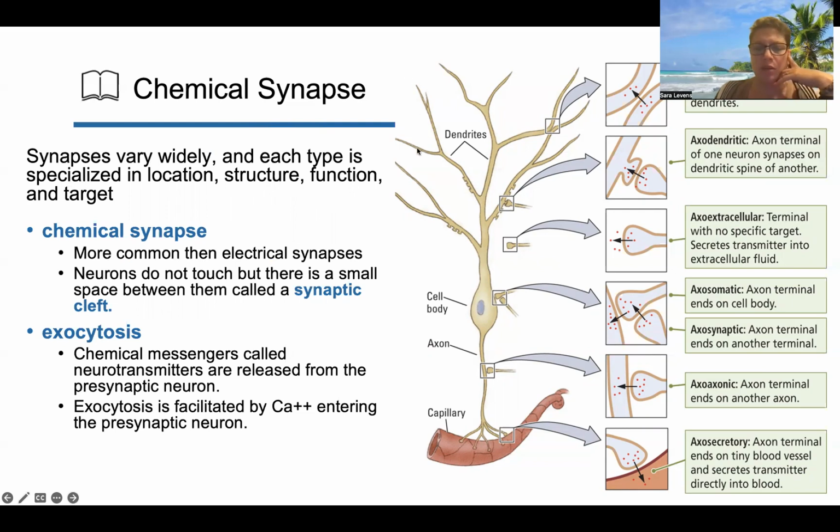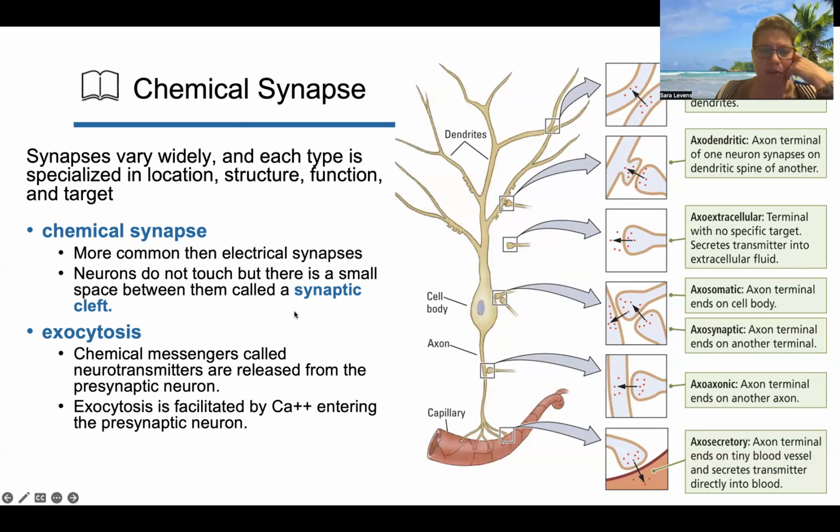The chemical synapse is more common than electrical synapses, and we're going to show some of the different types of connections here. This is kind of a continuation of the previous slide with more examples.